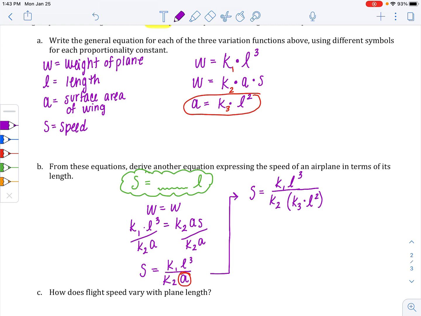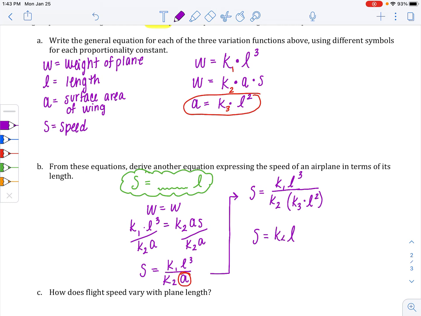I now have just S in terms of L. Yes, I have all those constants, which we'll talk about in a second, but this is what we need. If I look at L cubed and L squared, exponent rules: when you divide like bases, you subtract exponents. So L cubed divided by L squared is just L.